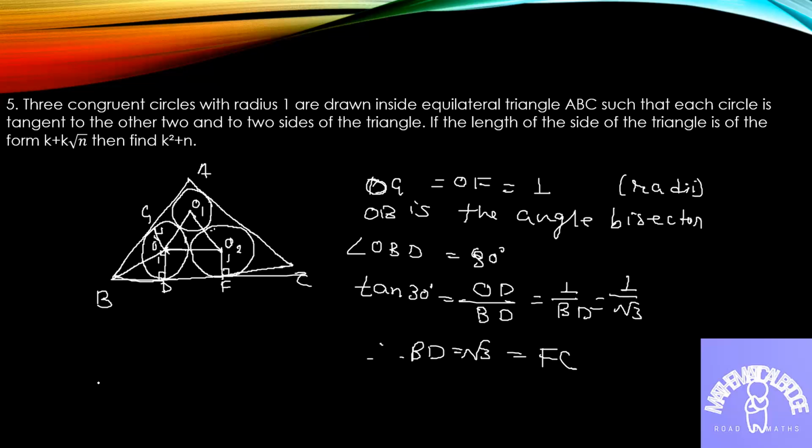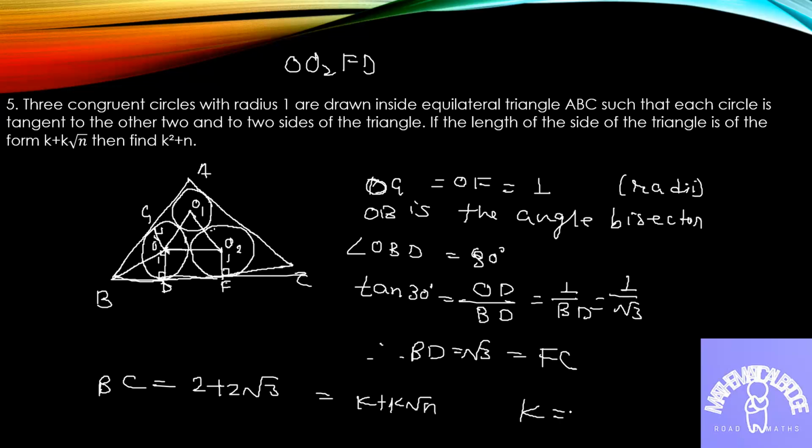So from here you know BC is nothing but, this is 2, because this is the rectangle OO2FD. In rectangle OO2FD, these sides are 1 and the upper sides, the length is 2 and the breadth is 1. So BC is equal to 2 plus 2 root 3, which can be denoted by K plus K root n, and you have to find the value of K square plus n.